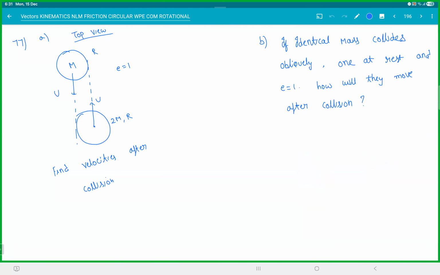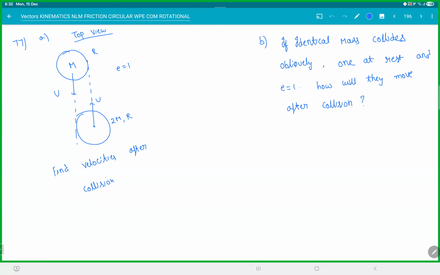Let's start off with this. Two spheres, 2m and m, both are going with u.